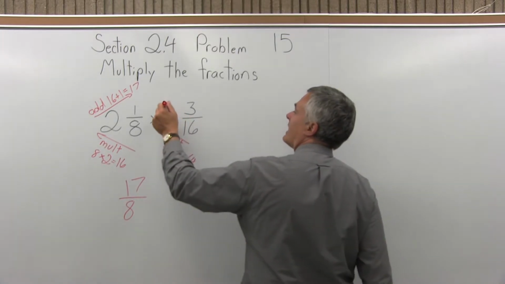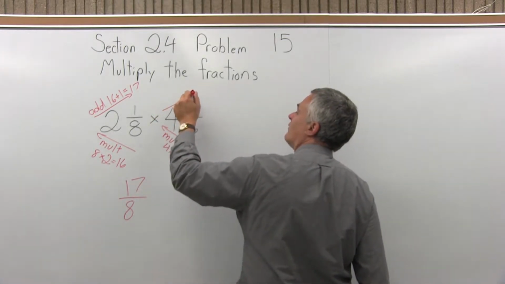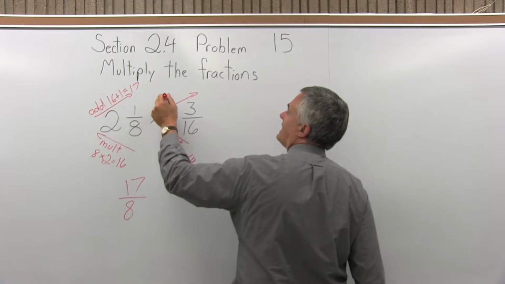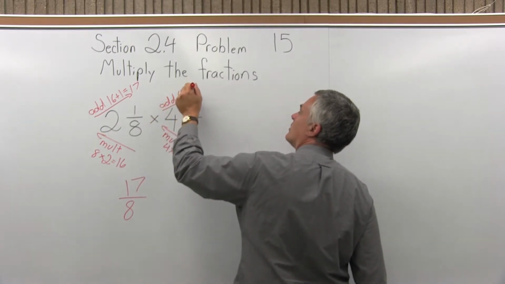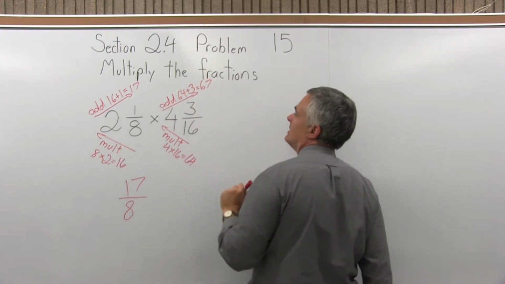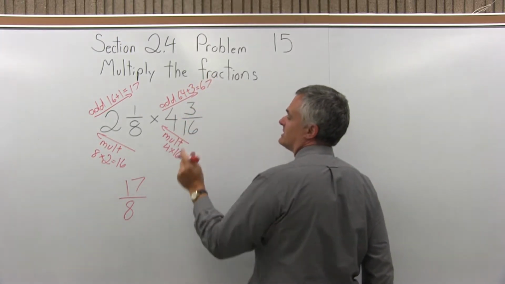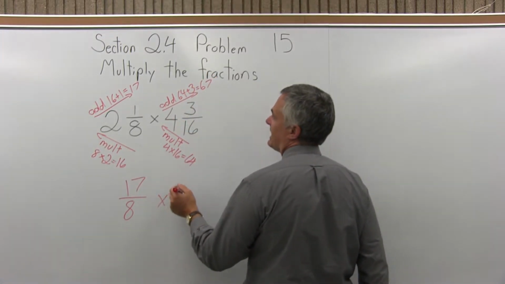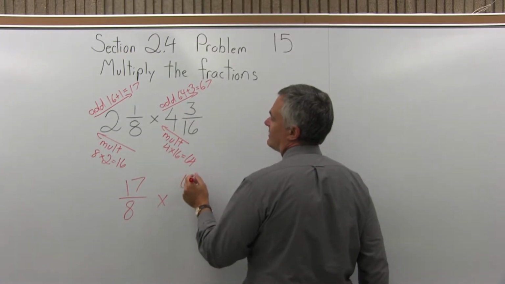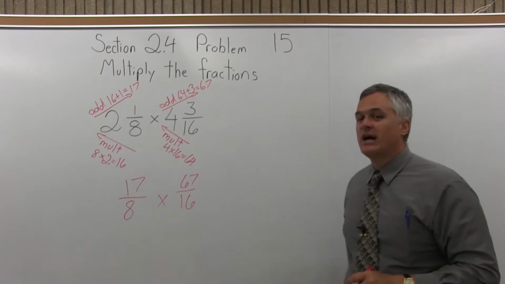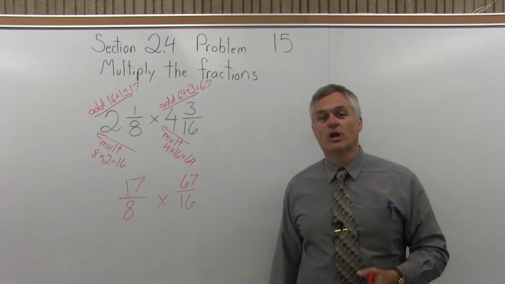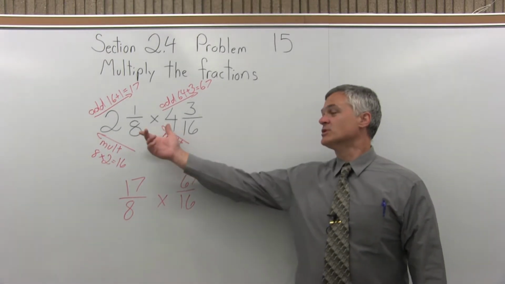And then I'll take that result of 64 and I will add it to the numerator. So I will add 64 plus 3 more, which is 67. So my fraction of 4 3/16 can also be written as 67/16.